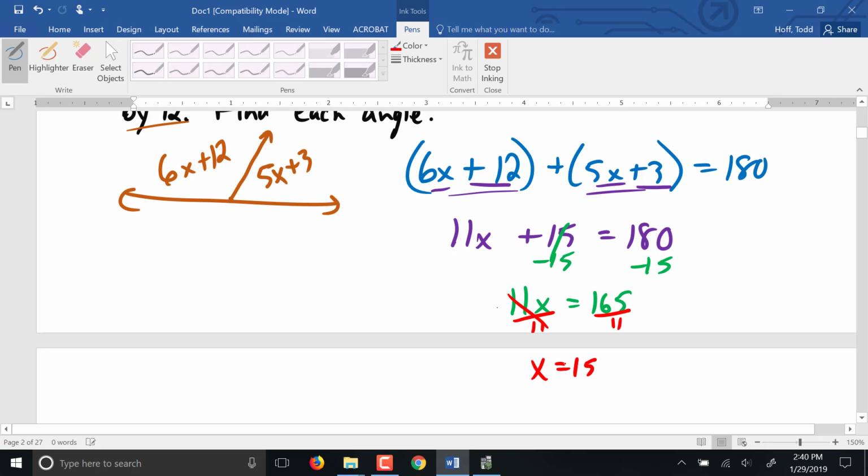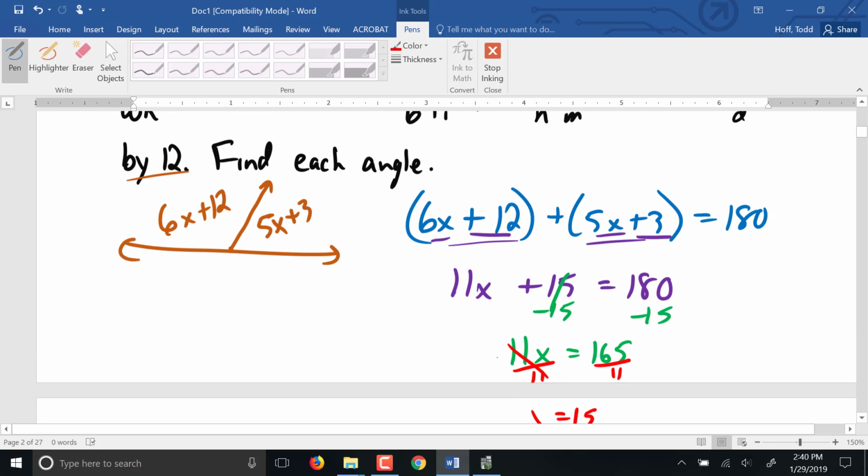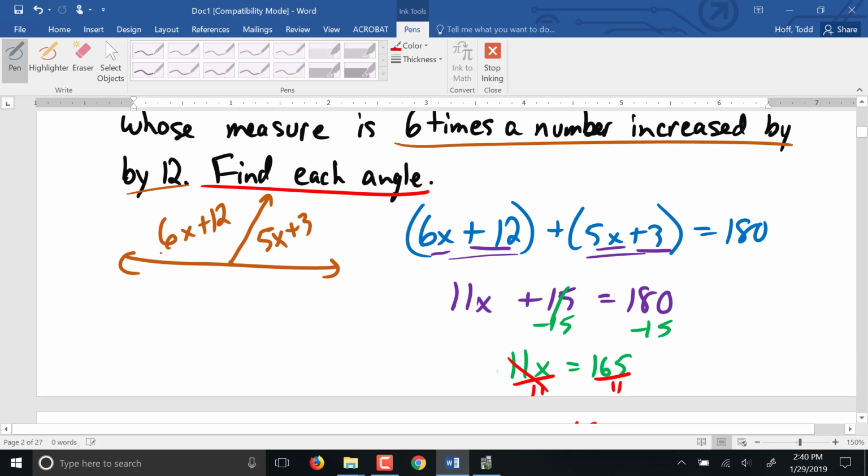x equals 15. Now we have to go back and find the angles. It said find each angle. So this is 6x plus 12. x is 15. So 6 times 15 plus 12. 6 times 15 is 90. Plus 12 is 102 degrees.